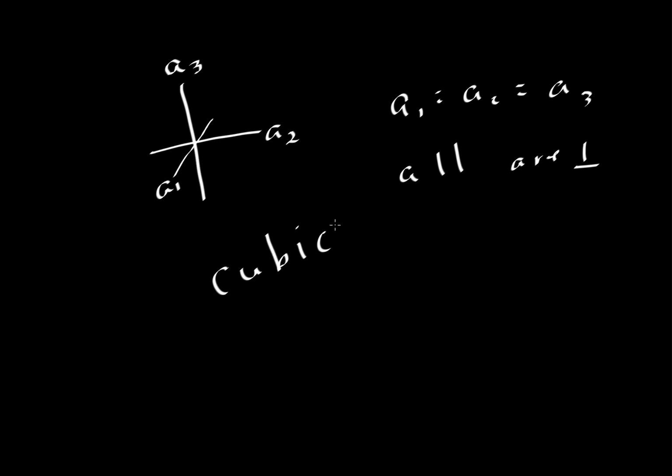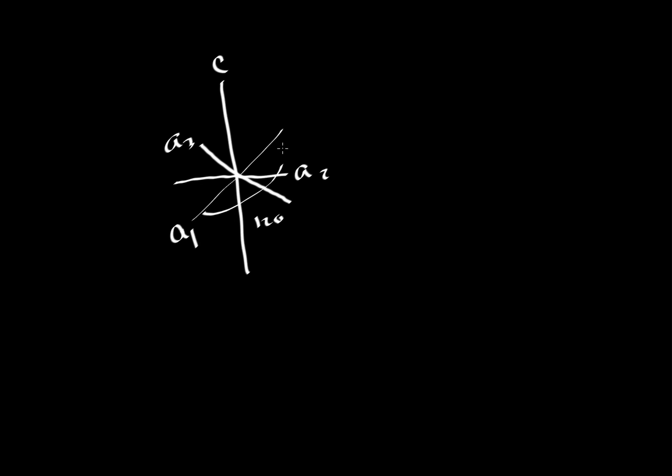What about the hexagonal system? The hexagonal system would be a case where we have a C axis, could be long or short, and then we have three axes here, and we'll call them A1, A2, and A3. And these are all at 120 degrees from one another. So the angle between A1 and A2, that's 120 degrees. And then the angle between A3 and A2 would be 120.